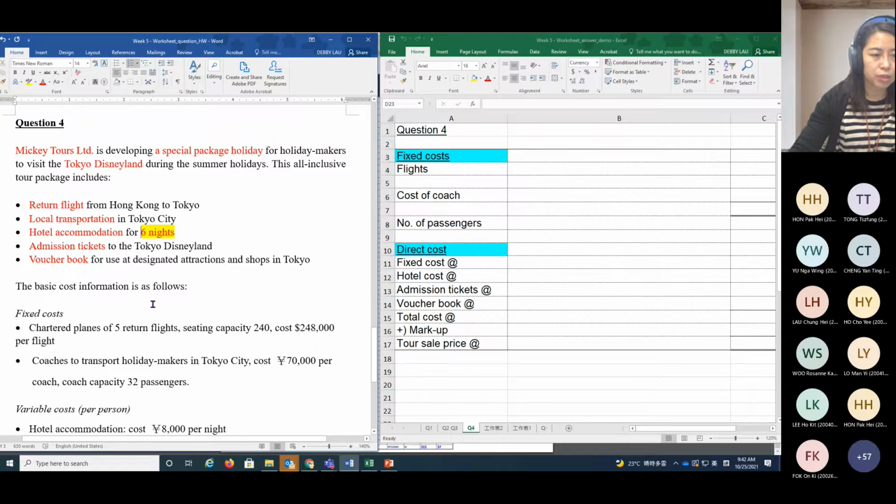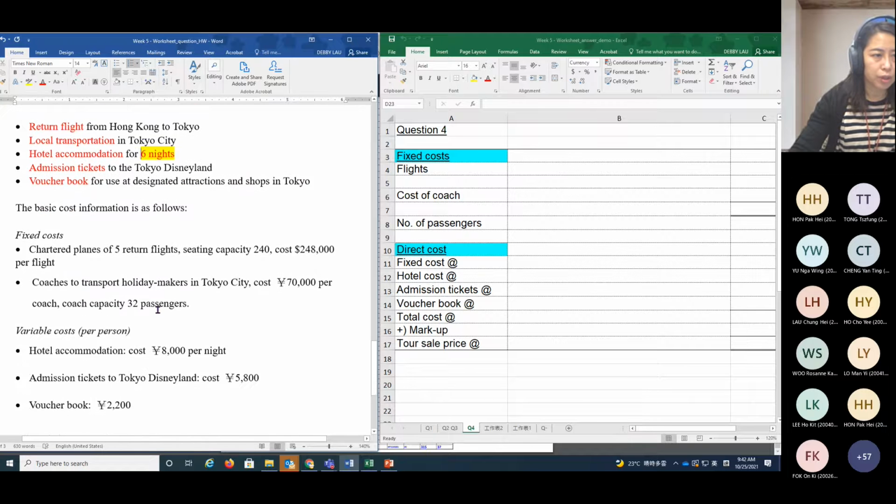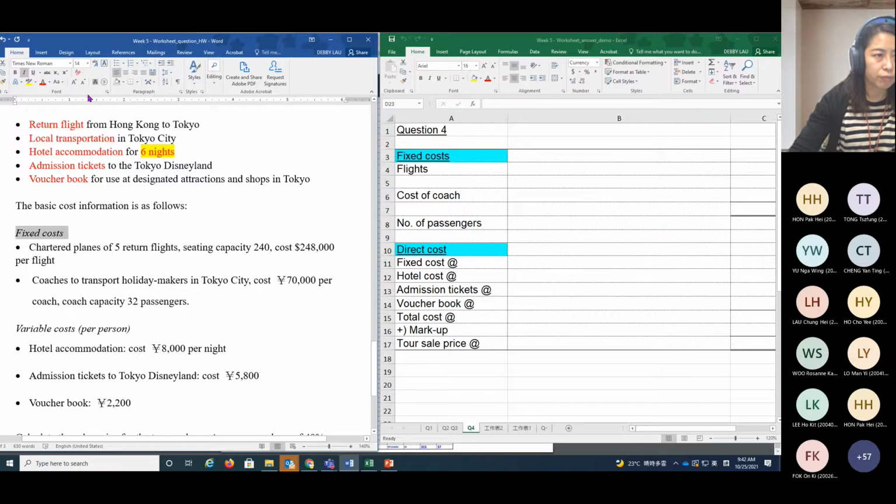So the basic cost information is as follows. Okay, so the amount of the fixed cost and the variable cost, provide you with some further information. So the fixed cost is the flight. Okay, so there are 5 flights, and each flight's capacity 240 and cost 448,000 per flight.